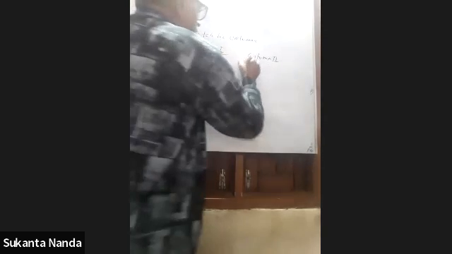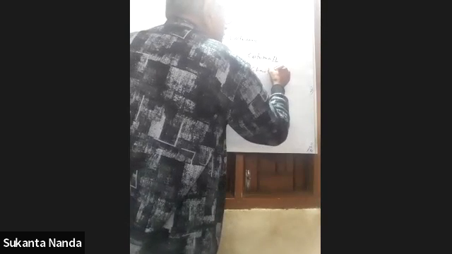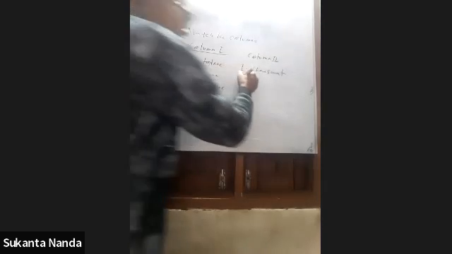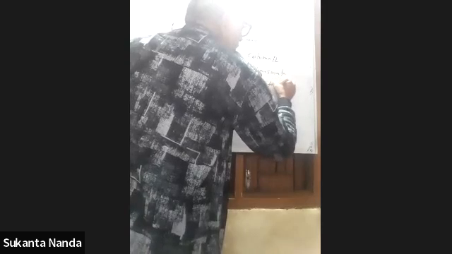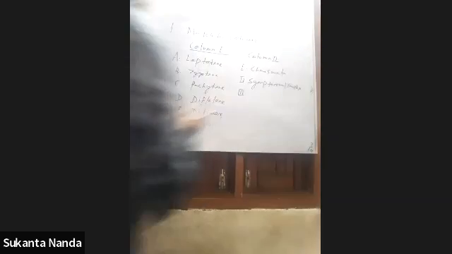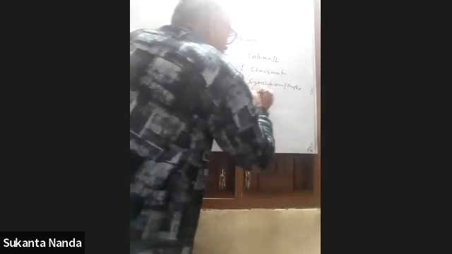In column 2: I, chiasmata. Then come to II, synaptonemal complex. Then III, compaction of chromosomes.